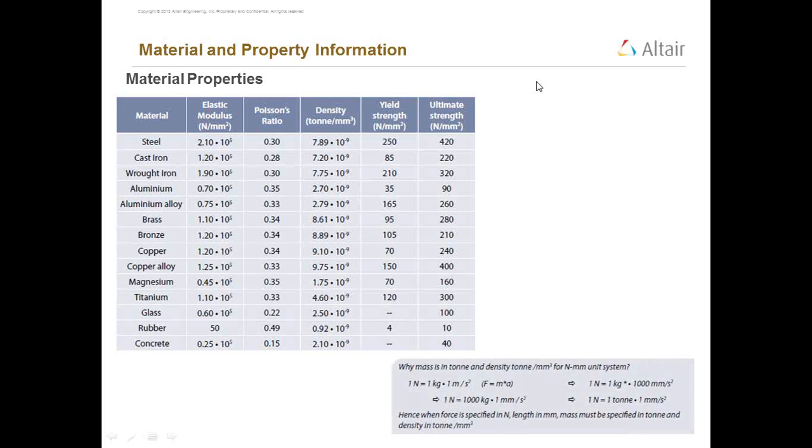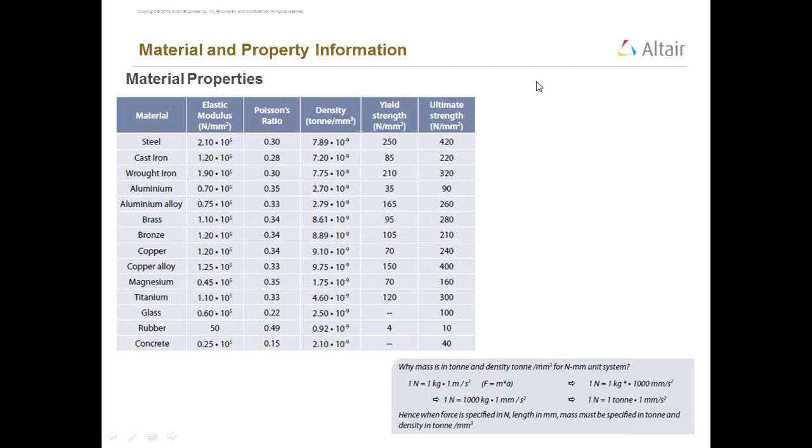You may be wondering why mass is in ton and density in tons per mm cube for the Newton mm unit system. The explanation for this is 1 Newton is equal to 1 kg times 1 meter per second square. F is equal to ma.